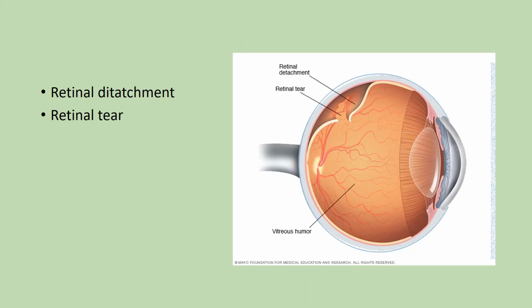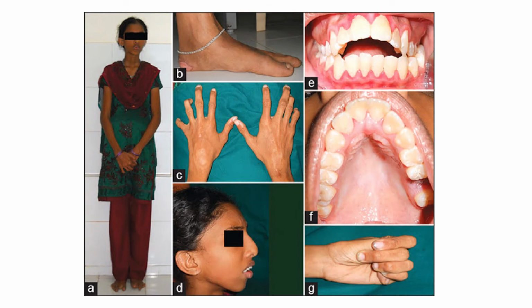Coming to the oral manifestations of Marfan syndrome, a patient will have a high palatal arch, a patient will have bifid uvula, and multiple odontogenic cysts. These are the very important features in a Marfan's patient. High palatal arch, bifid uvula and multiple odontogenic cysts.